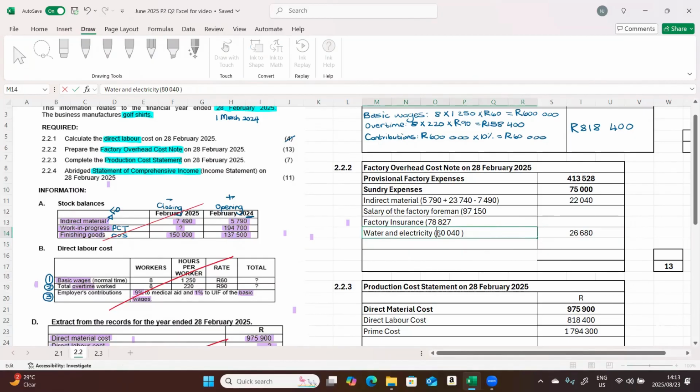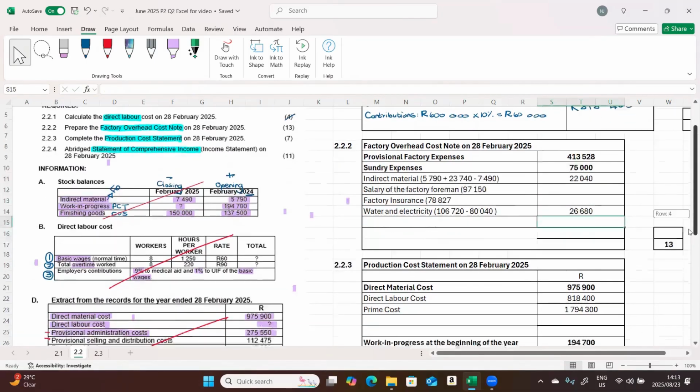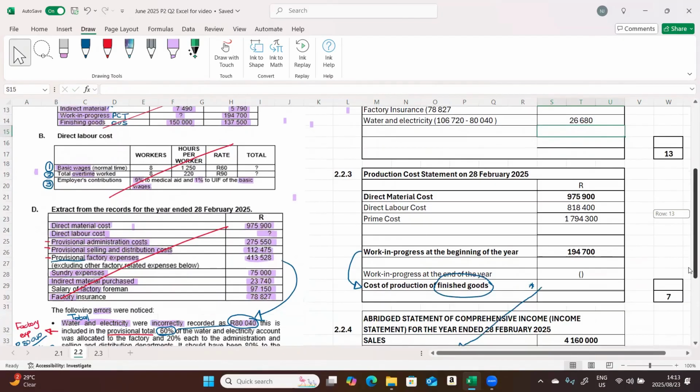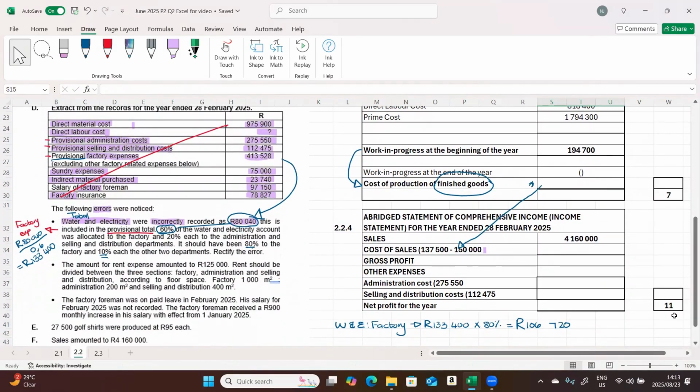You will take your 106,720, which is the electricity bill that it should be, the 80%. And from that, you subtract what it was, okay? So that you can see that your electricity should increase with the 26,680, okay? Perfect, that was that. That is how we fix the water and electricity for the factory.